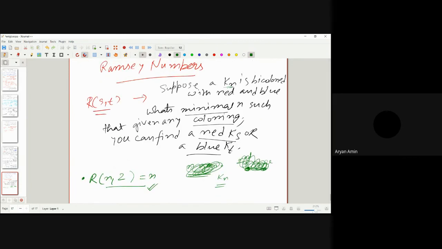When I say a Kn is bicolored, I mean to say the edges are bicolored, right?